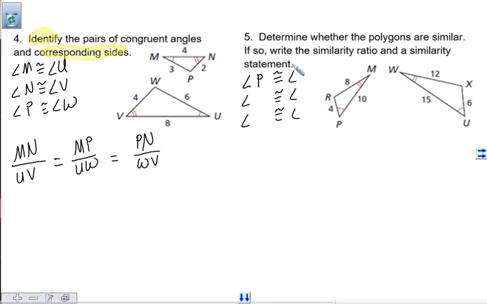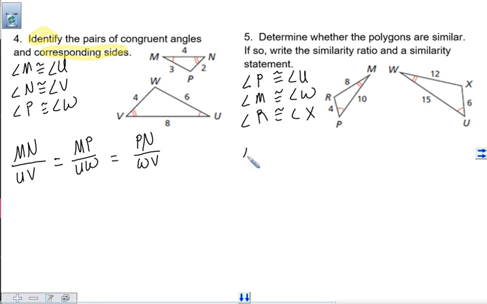Angle P is congruent to angle U. Angle M is congruent to angle W. And angle R is congruent to angle X. So all of our angles are congruent. Then we need to check that our sides are proportional.